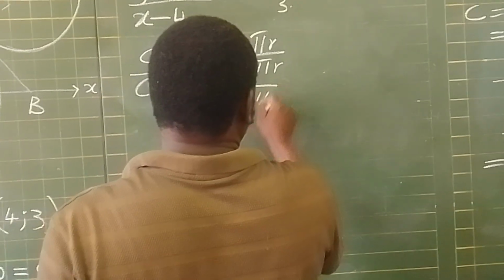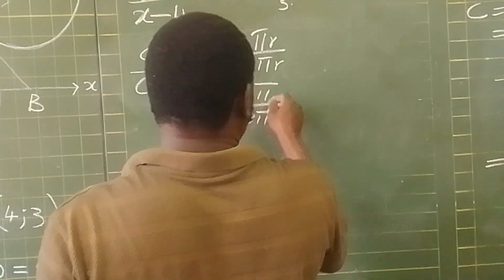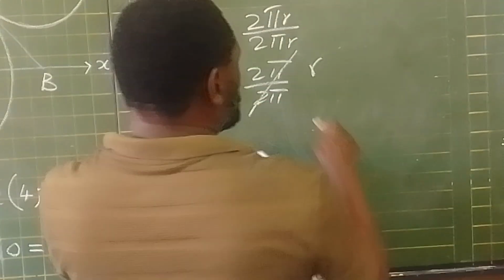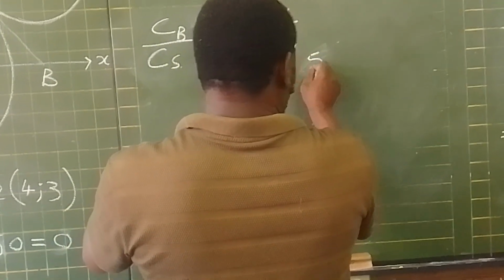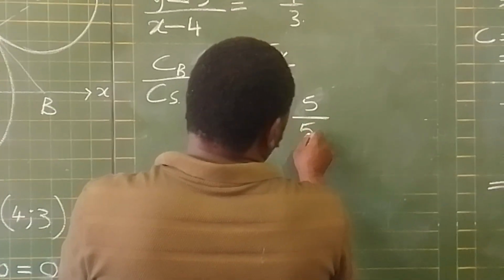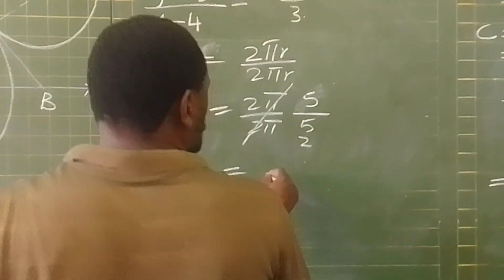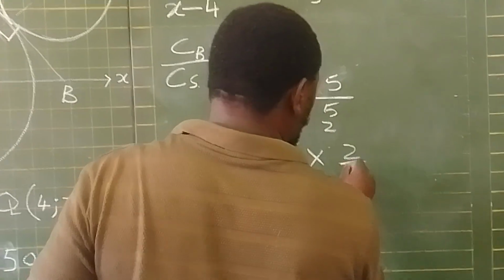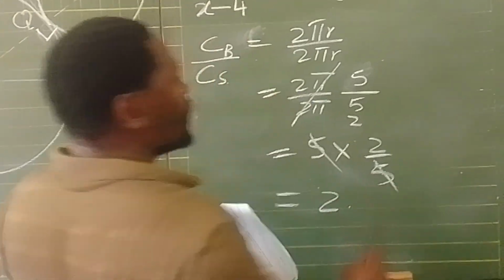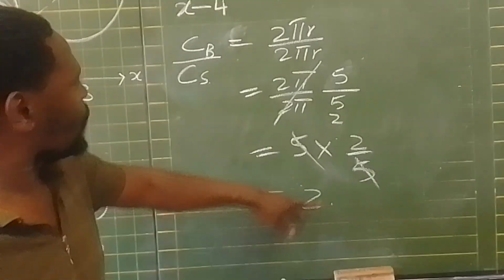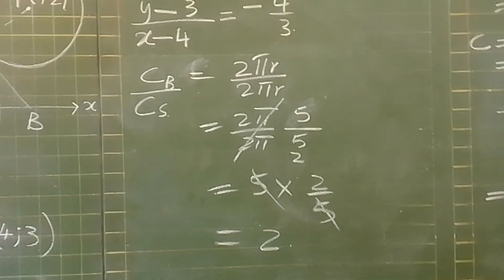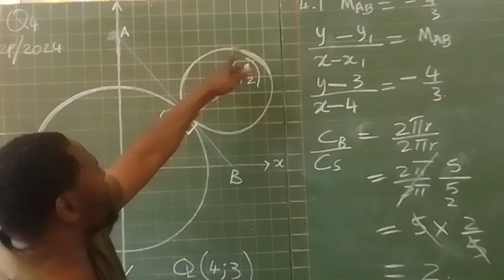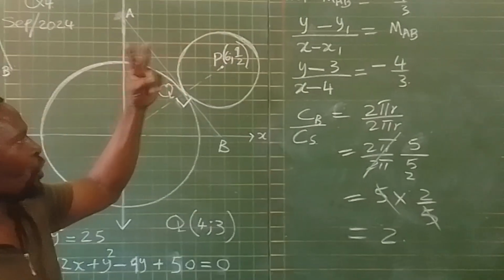The 2 pi over the 2 pi cancel. You are left with r of the big circle, which is 5, over 5 over 2, which is 5 multiplied by 2 over 5, which is 2. Still get the same answer. So when one revolution of the big circle has completed, the small one will have revolved twice.